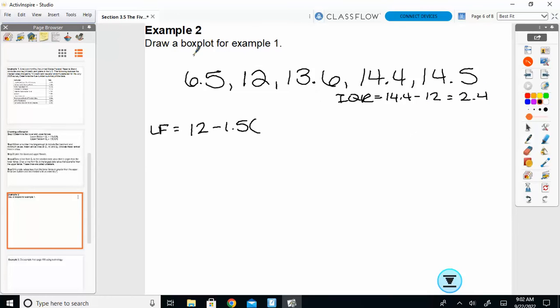We get 2.4. Remember, this is our min, quartile 1, median or quartile 2, quartile 3, and your max. IQR is quartile 3 minus quartile 1. All right, so if we do this, we get 8.4.